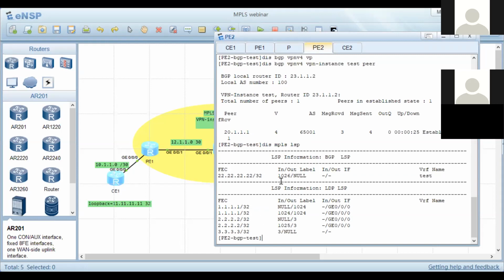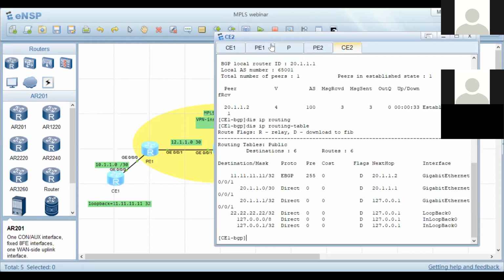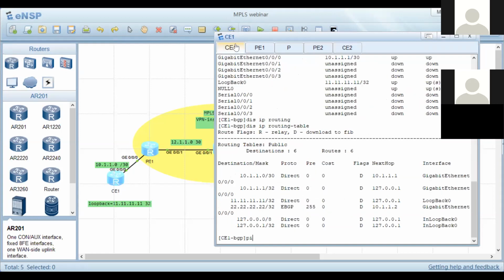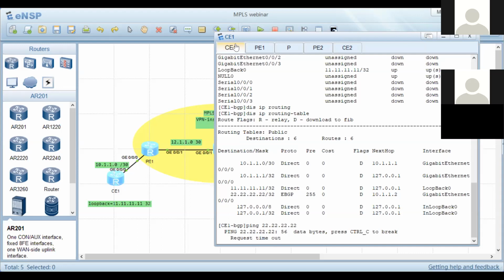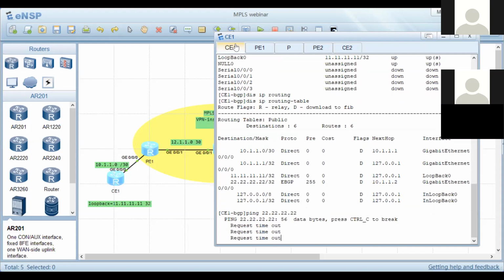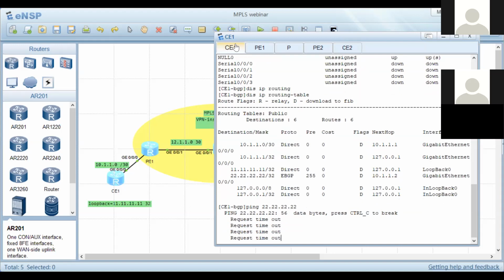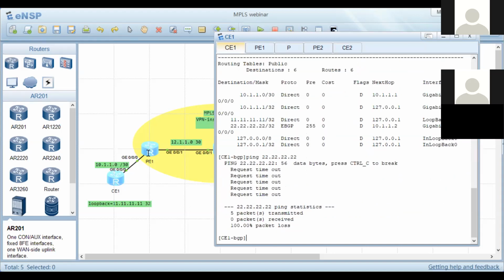We can now check pinging from this one, from CE1 to CE2. First, let's check to ping directly with interface G0/0/0. As you can see, it's not pinging from the G0/0/0 interface because G0/0/0 is connected to the PE network directly.